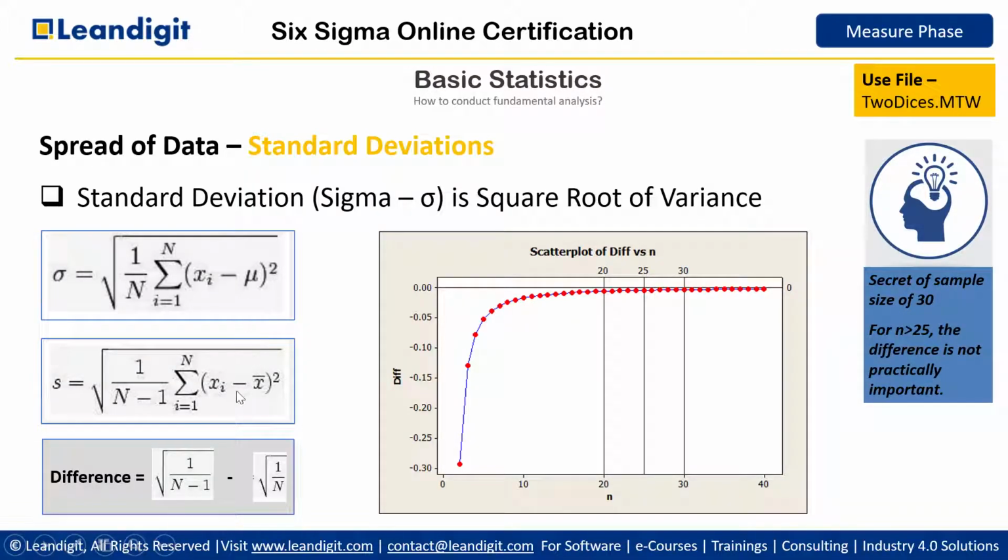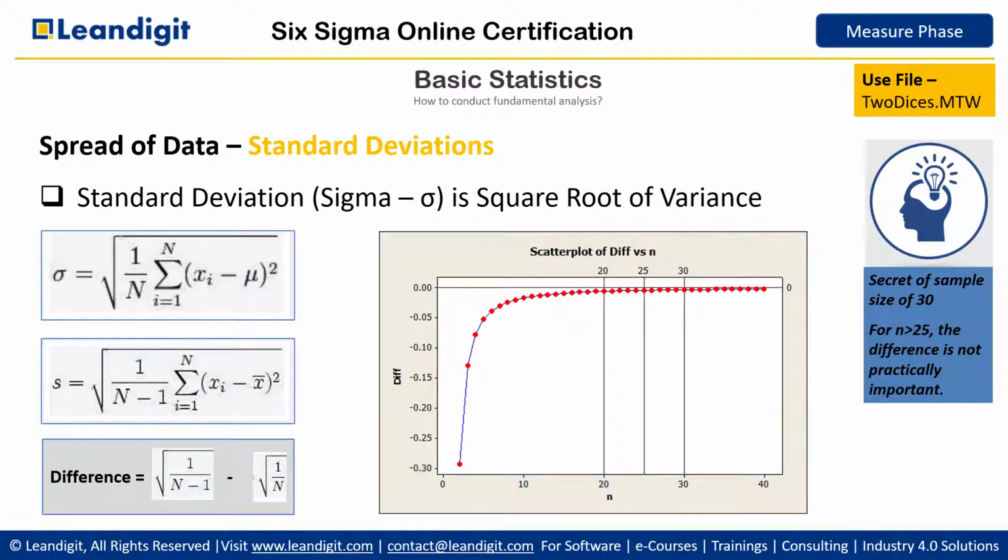You can see the difference between the two formulas is nothing but this is divided by n minus 1, whereas this is divided by n. So if we take the difference between root over 1 by n minus 1 and 1 by n, and we try to plot this on this graph, what we see, as the n is increasing, the difference between these two values is reducing, and as we go towards the value of 30, we realize that the standard deviation is same for population as well as for sample, and this is the secret of sample size 30.